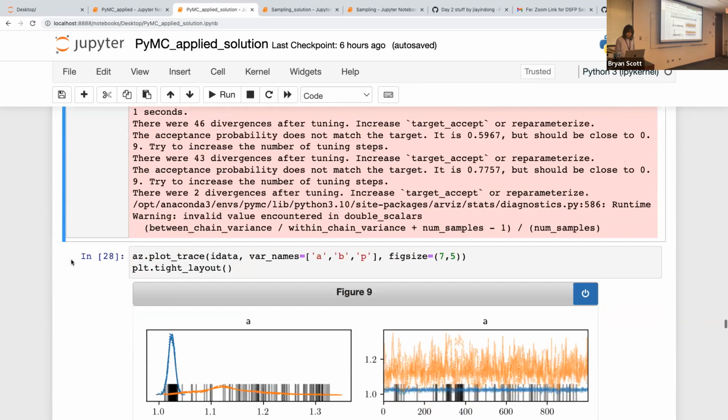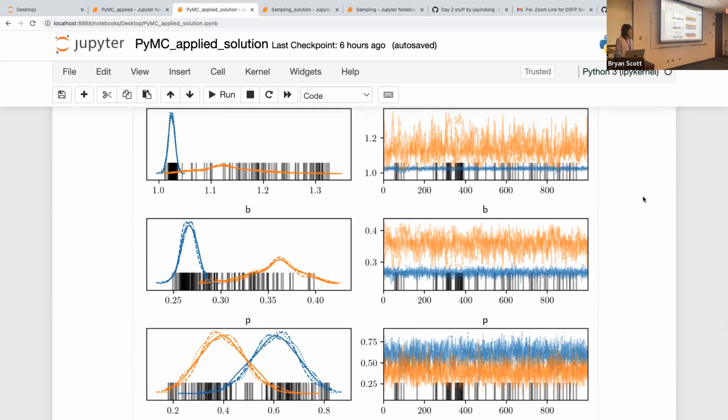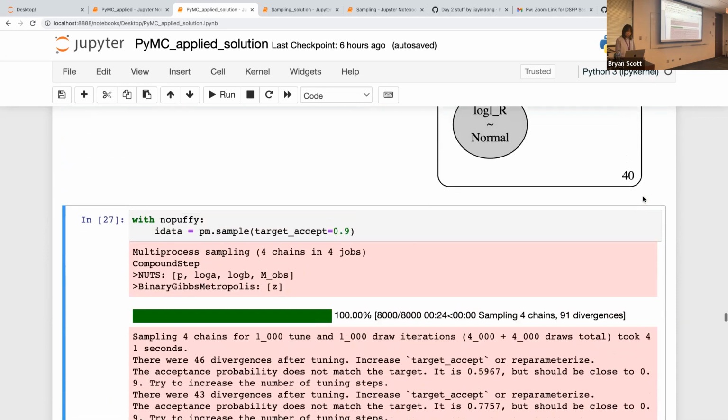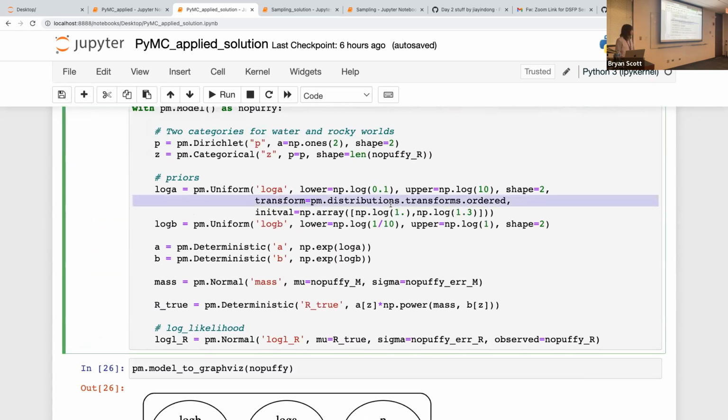And you can sample that, and there's some divergence. This is because this problem is a complex problem. One way to deal with this divergence is to do some sort of transformation on both A and B. This is a trick you can use when you do PyMC random variables, you can transform this variable. For example, here I force the log A and log B to be ordered.